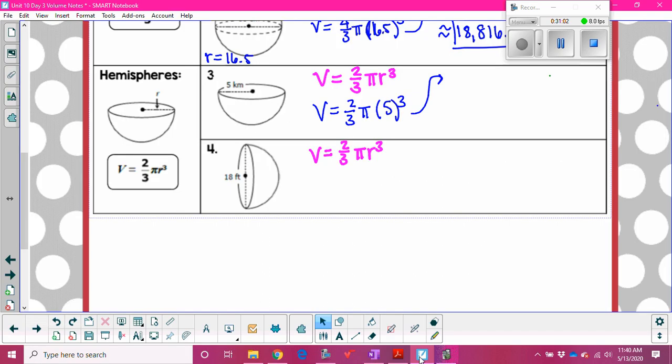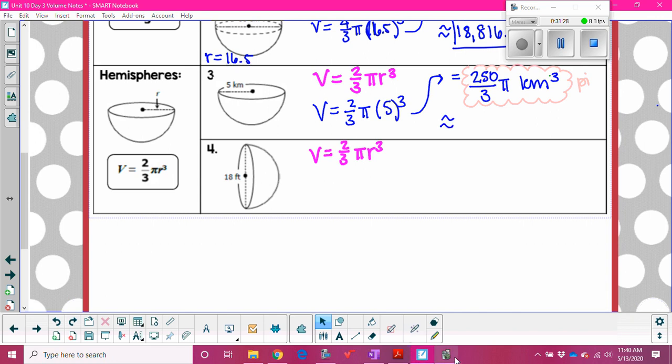So we come over here, and we have 250 over 3 pi, and that is in kilometers cubed. Okay, so that is our most accurate answer in terms of pi. Okay, so now we're going to get an estimated answer. Let's go ahead and get this to 2 decimal places.